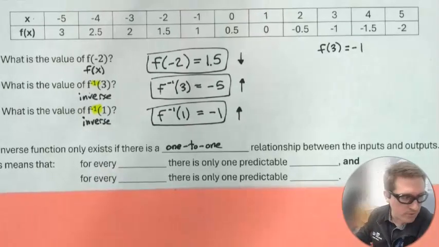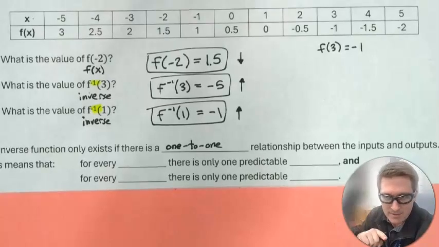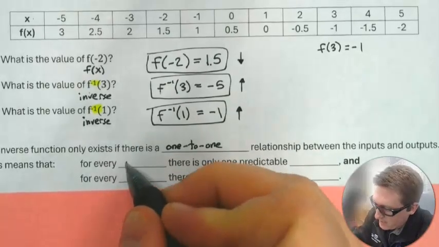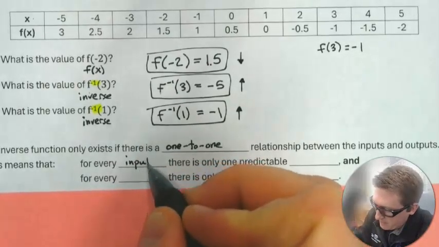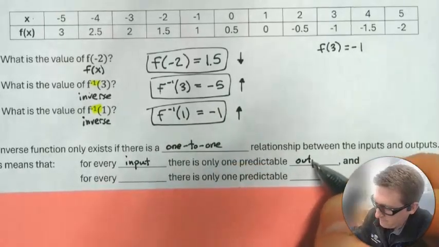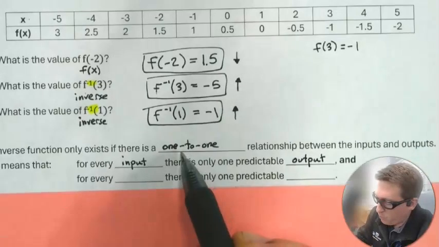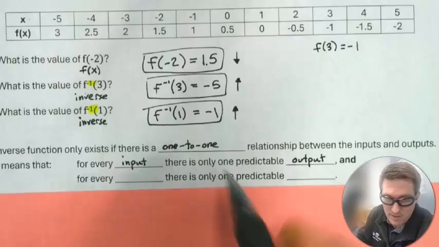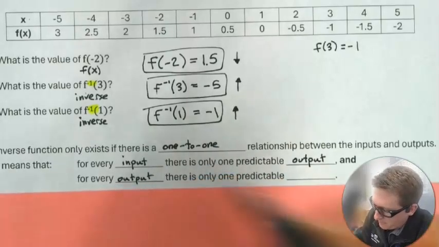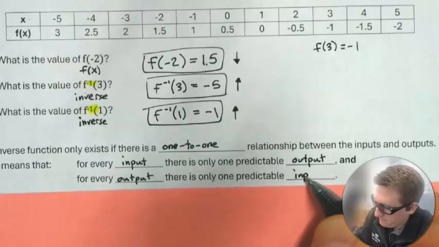Now, if you remember, the definition of a function is that for every x, there can only be one y. In other words, for every input, there can only be one predictable output. That's the rule for a normal function. A 1-to-1 function is for every output, there must be only one predictable input.